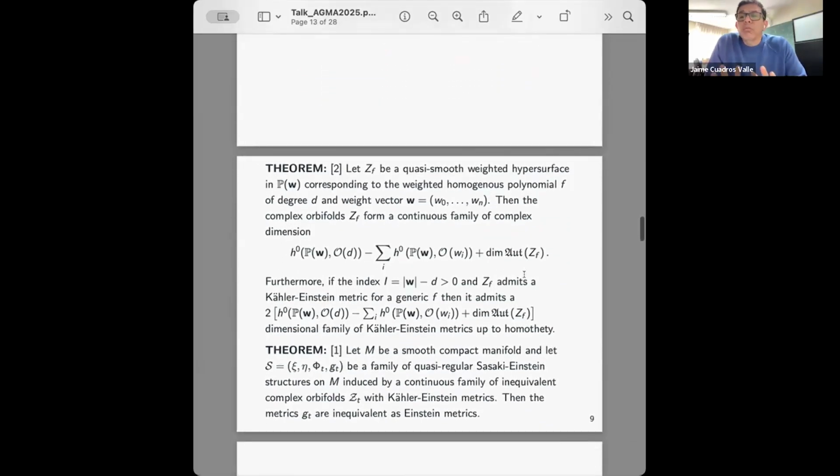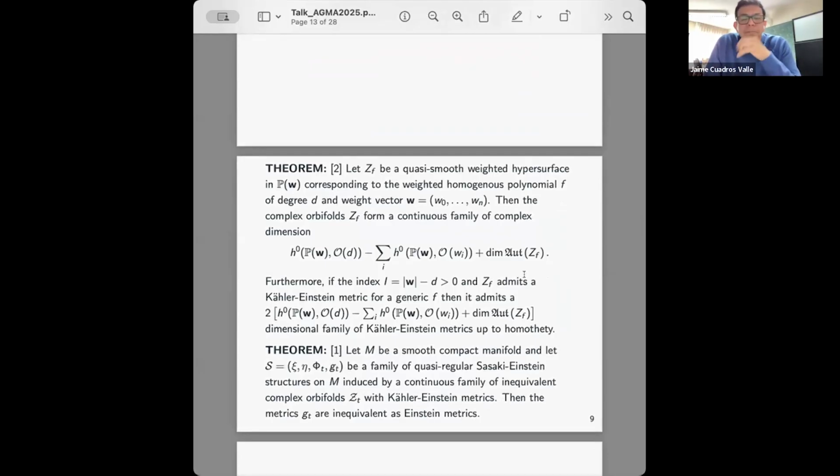We have the following two results that give us the key to how to compute the moduli of these links.